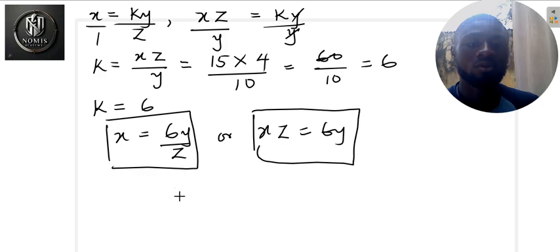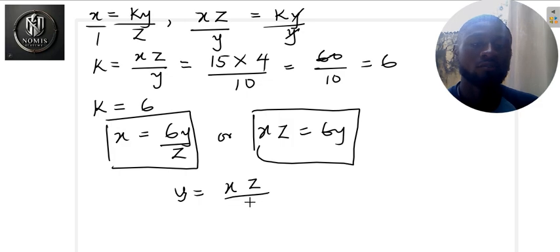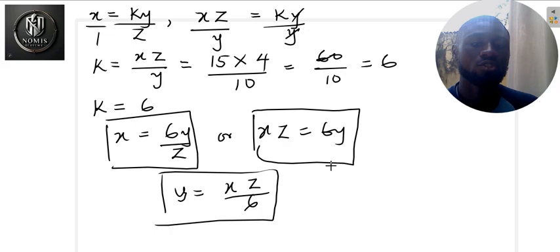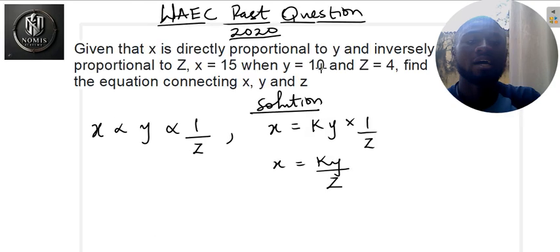Or you say y is equal to xz all over 6, just by dividing both sides by 6. So we have been able to find another equation connecting all of them. So this is the answer to the question that was asked in the past question.